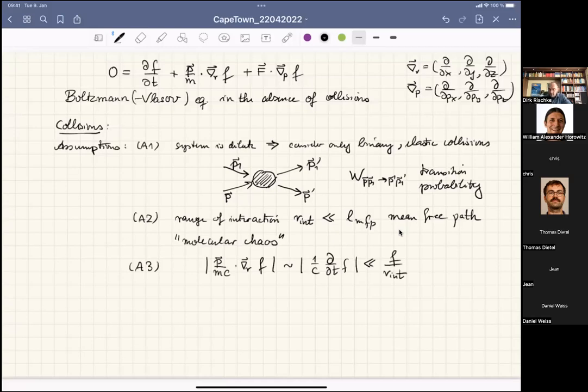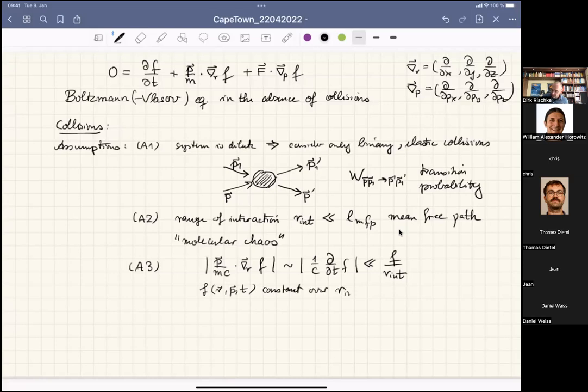So the change of the distribution function over the range R int in space and time is much, much smaller than F itself. And I multiplied factors of 1 over light velocity in here to give everything the same dimension. That's also why I need this velocity factor in front of the spatial gradient. So F is constant over this range R int.